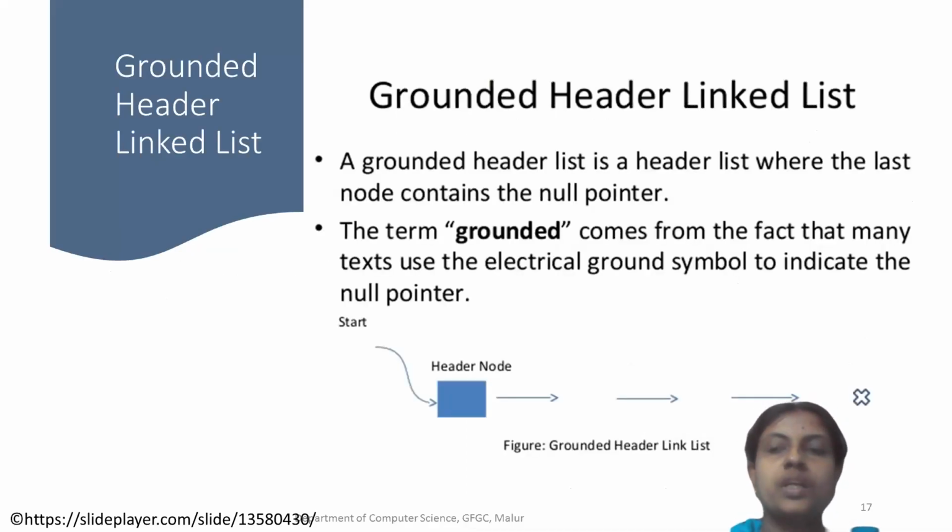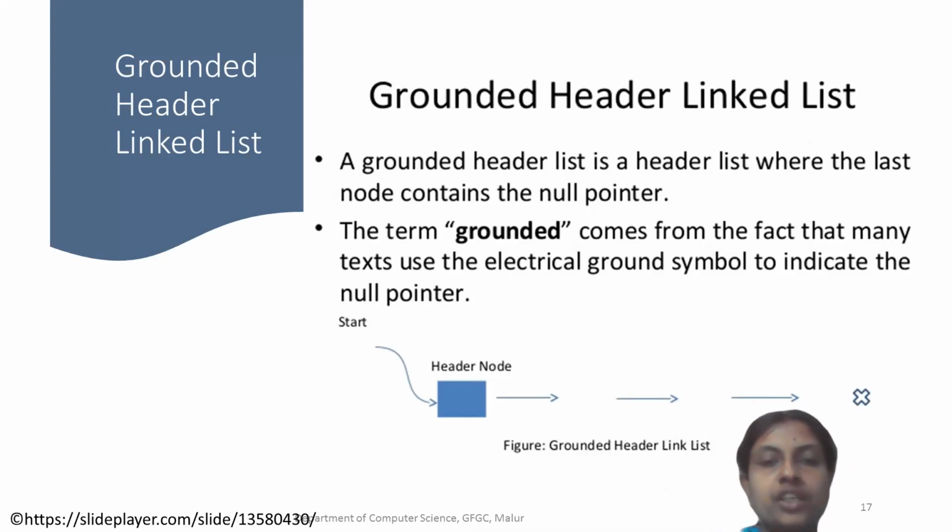When it comes to grounded header linked list, along with our header node, as we have discussed, there will be a special node called header node, which will be placed immediately after the head. When you look at the diagram given below, there is a start which maintains the address of the first node.